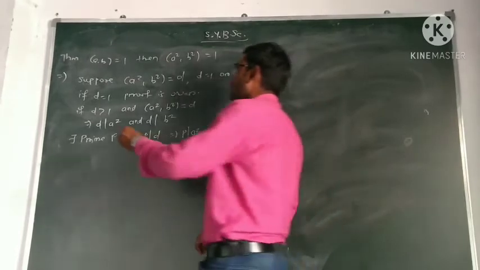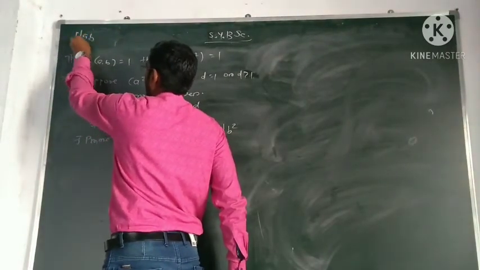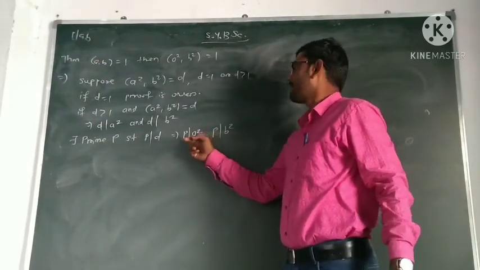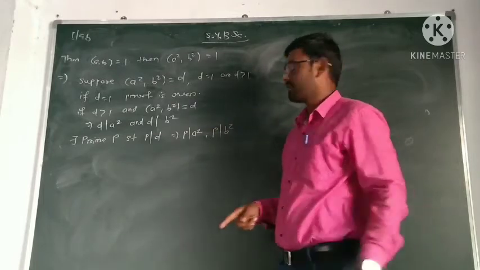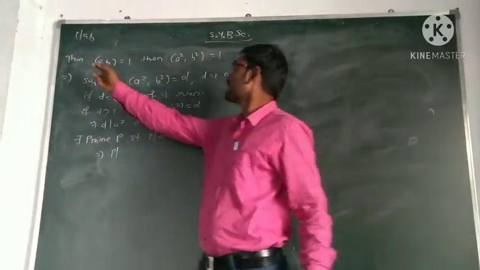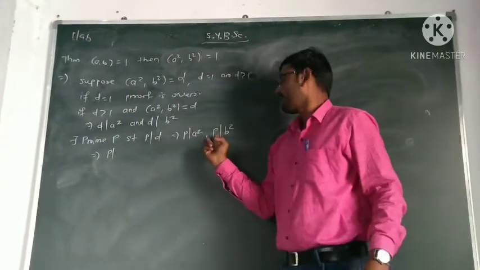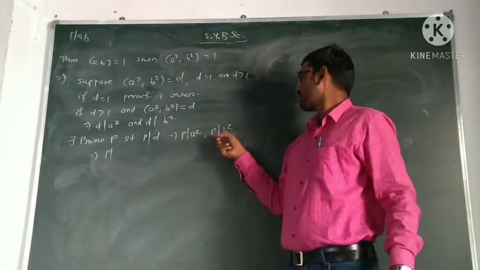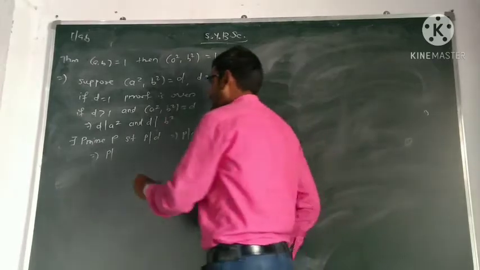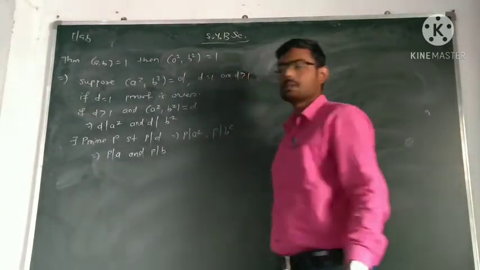That is, if P divides AB, then either P divides A or P divides B. Here A square is A into A, so P divides A square means P must divide A, because P is prime. Also P divides B square, that is B into B, so P must divide B. This implies P divides A and P divides B, because P is prime.